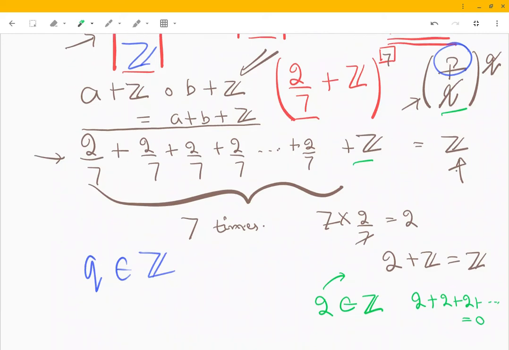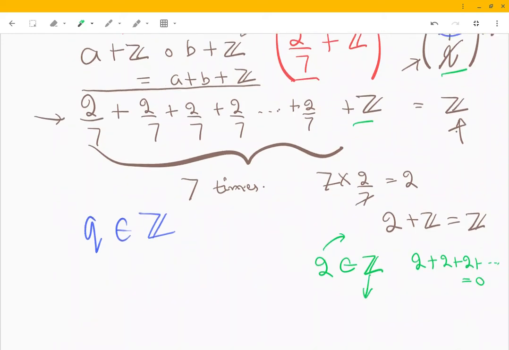Are there only 2 elements in this set which have a finite order? No, there are not even two. There is just one element of finite order, and that is the identity. No other element in this set is of finite order, because remember, the operation is addition, not multiplication.